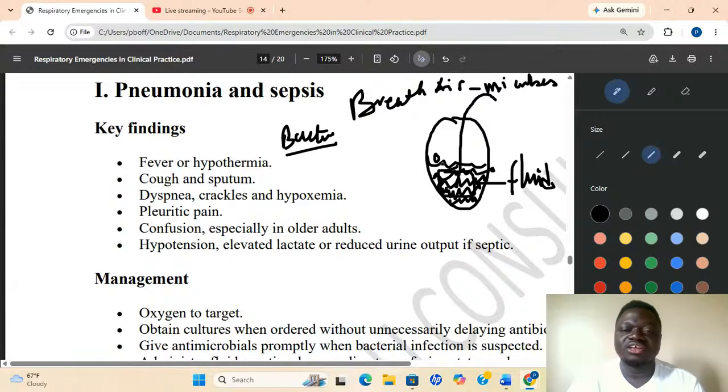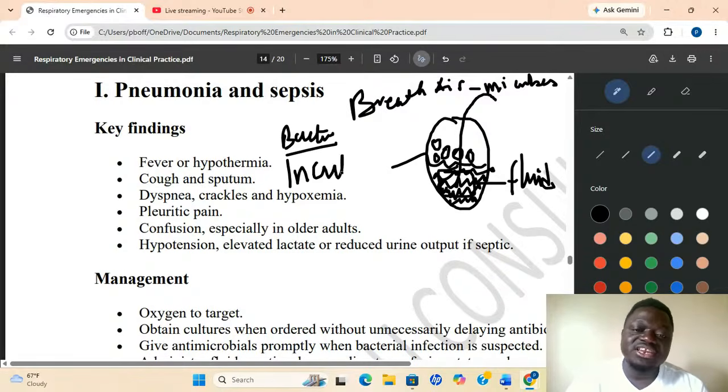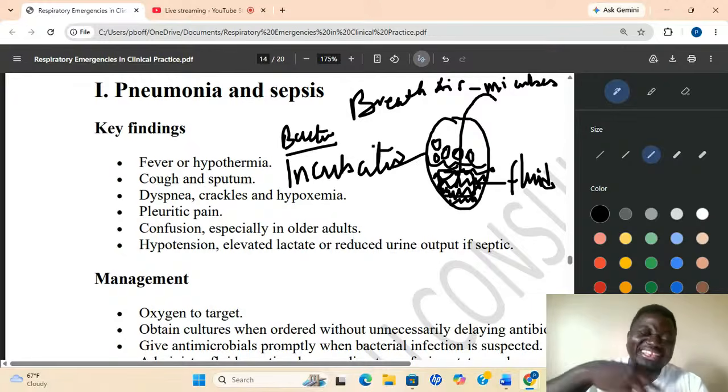Today they are one, tomorrow they are two, tomorrow next they are three, four, five. Whilst they are growing, we call it the incubation period. Every condition has an incubation period, sometimes 2 weeks, 3 weeks.